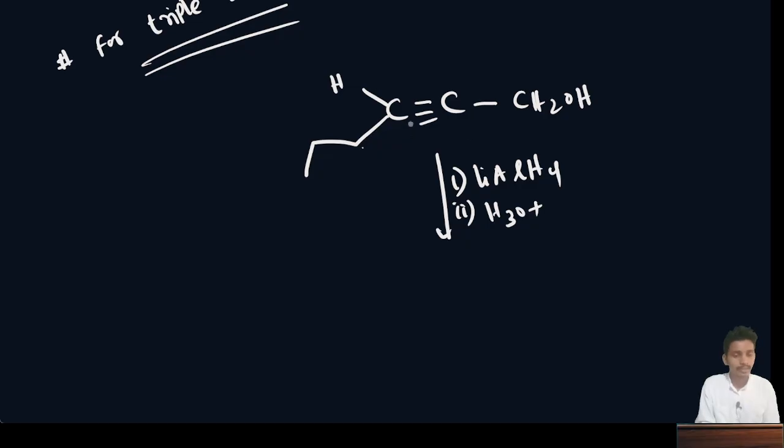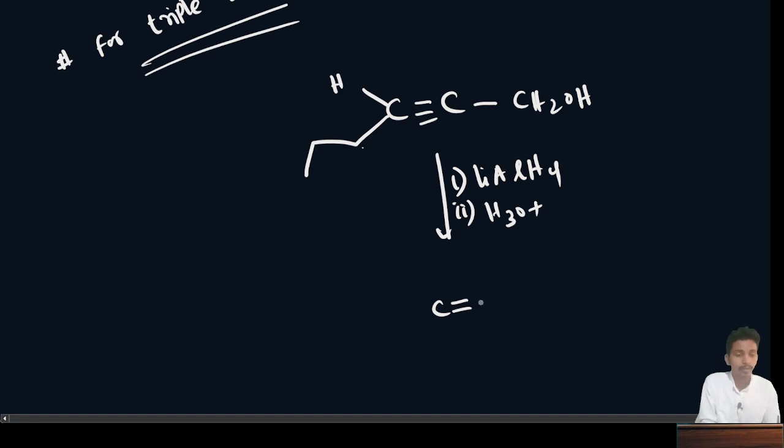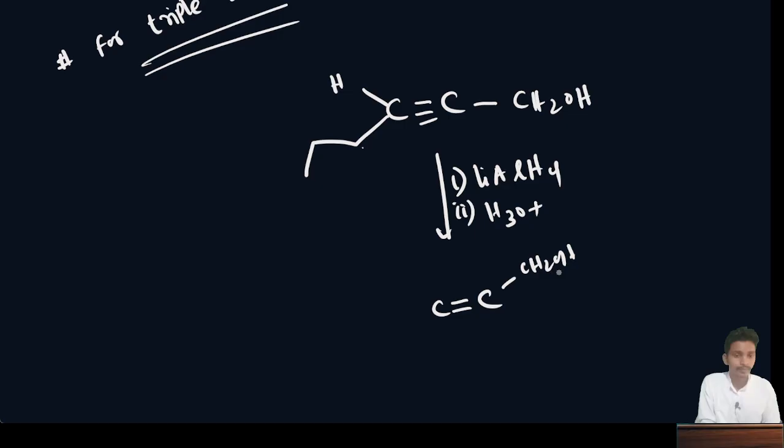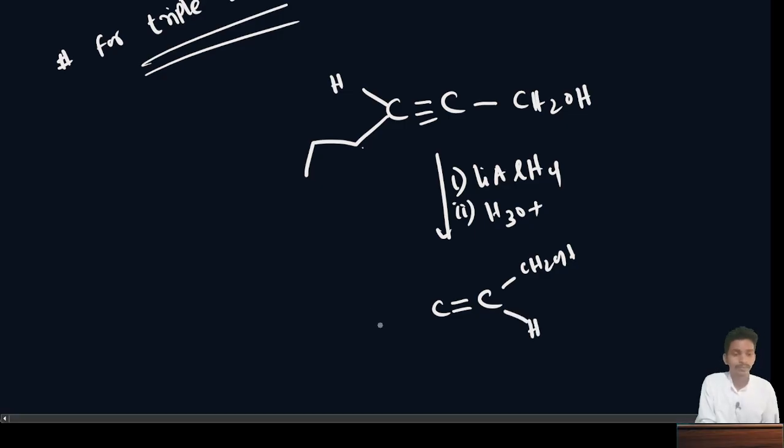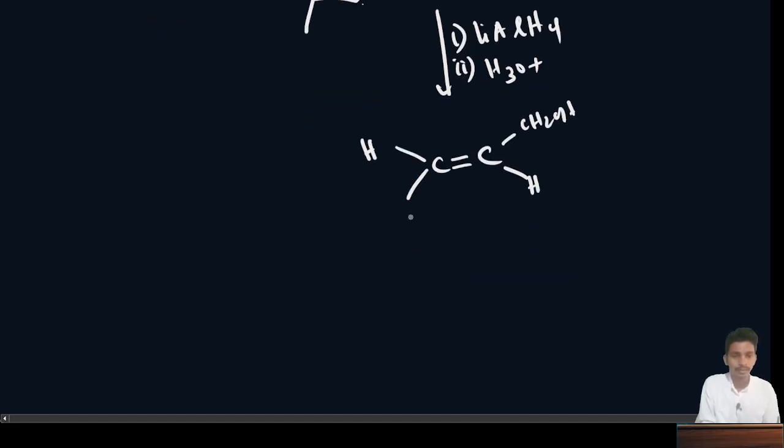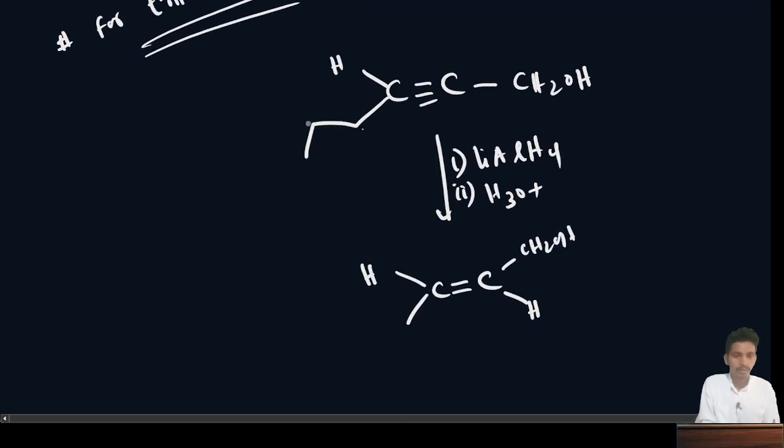In this case, it gets reduced to a trans alkene, not a cis alkene. So this means it is reduced to a double bond, and on one side, let's say CH2OH, the other side is H, and this is H, and this is groups 1, 2, 3.